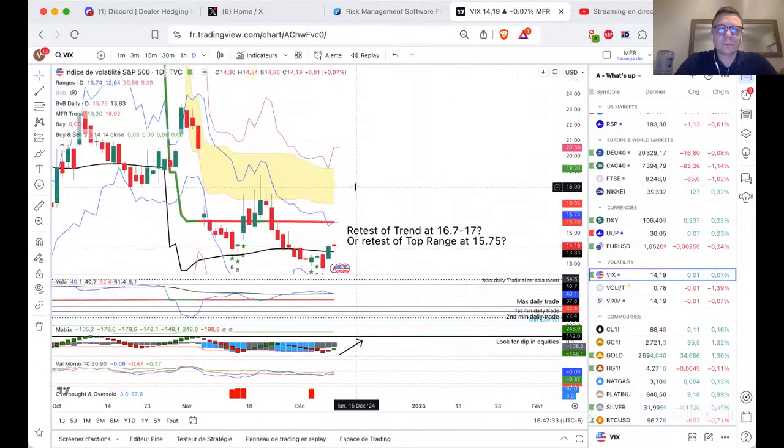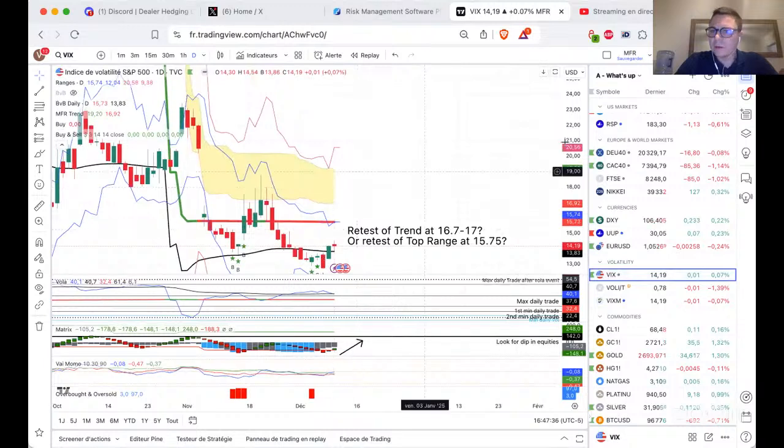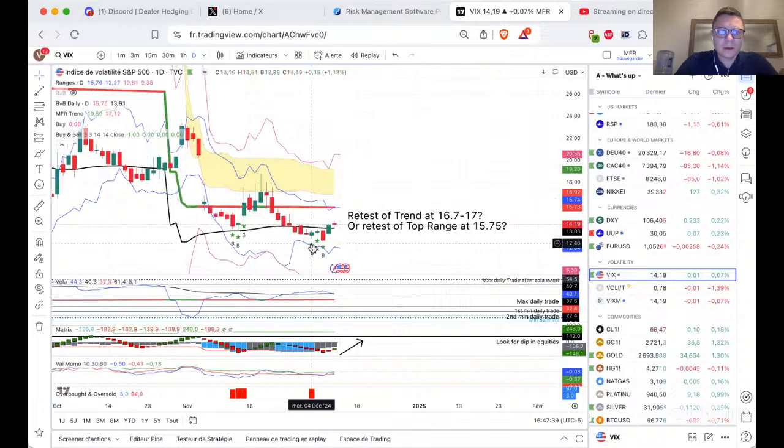So I got the buys here, 1, 2, 3, and as always, we get the move up in volatility, especially matrix is also going higher. So far, I have no reason to believe that this is only a 2 day move. I would expect a retest of the top of the range or a retest of trend. So I would be watching 15.7 to let's say 17 in this area.